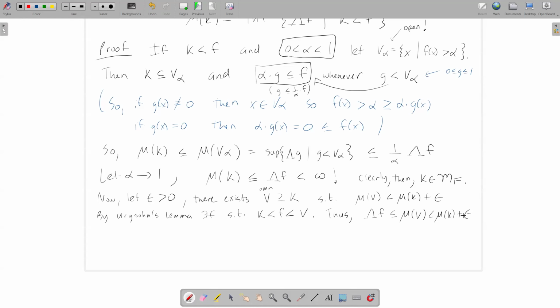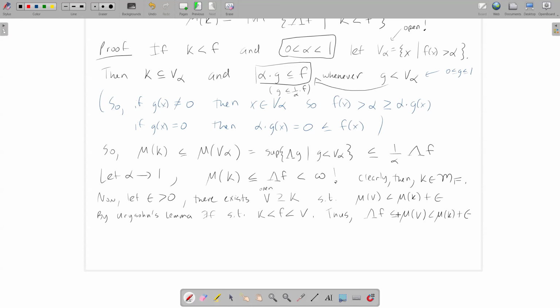So we can get as close as we want to the measure of K. The point here is we can approximate the measure of K with open sets, and we can go below any open set with a lambda f.